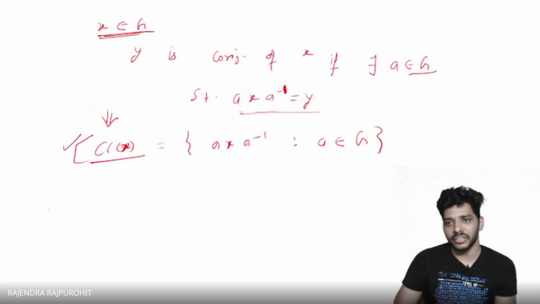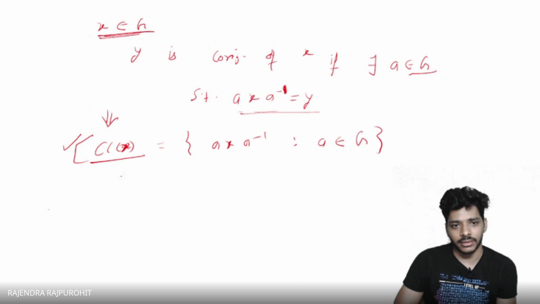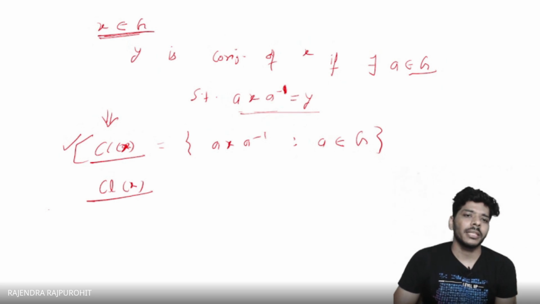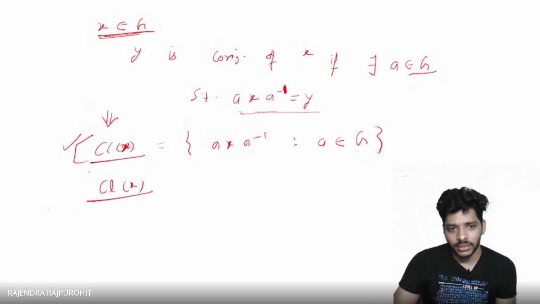Now there are some facts that you should know about a class. The class of an element x may not be a subgroup, but the cardinality, the number of elements in the class, divides the order of the group.